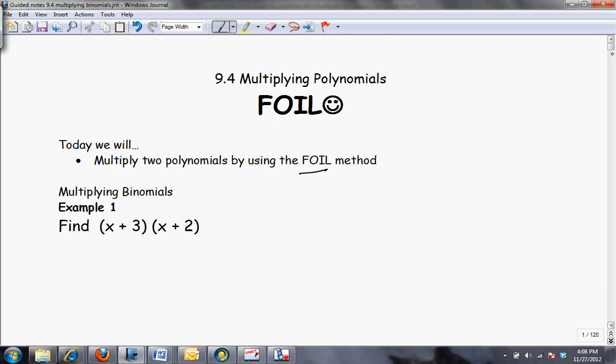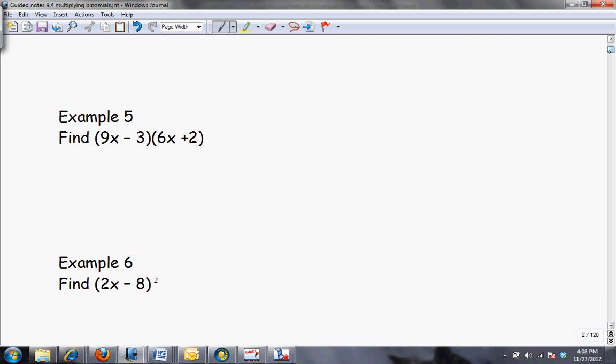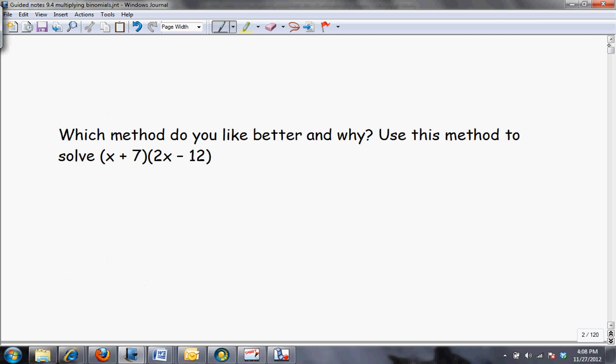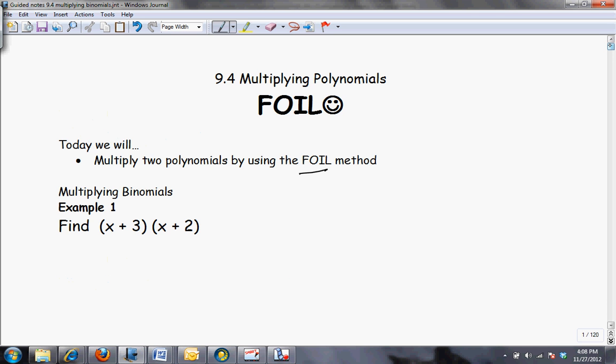All right, let's start with the most common form, which is FOIL: first, outside, inside, last. So that's what the FOIL stands for, F-O-I-L. First means the first term in each binomial.